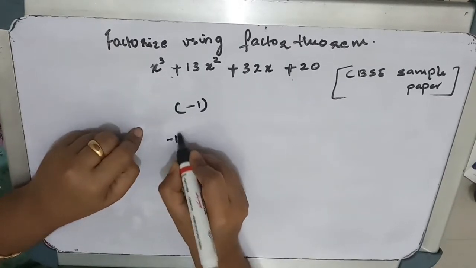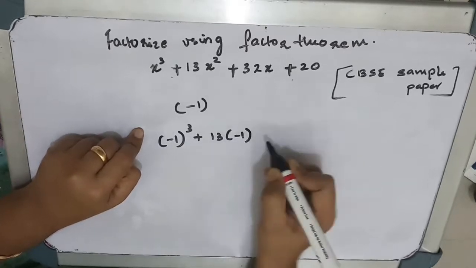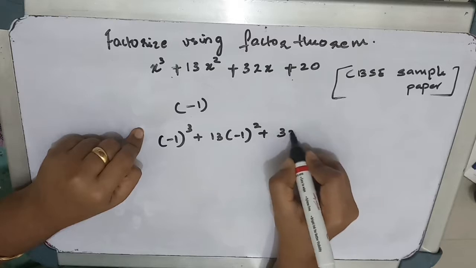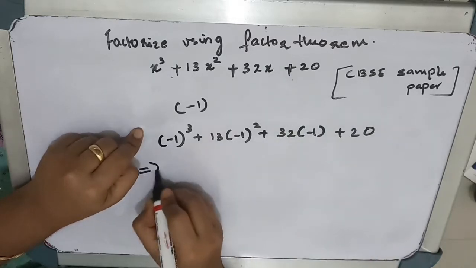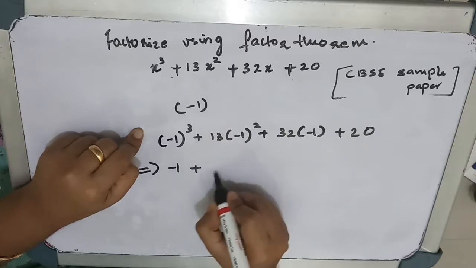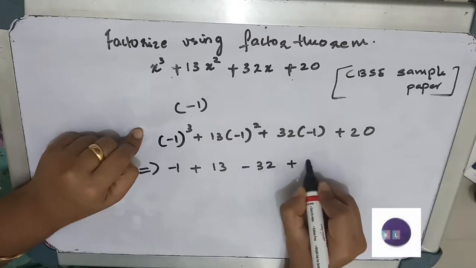So minus 1 the whole cube plus 13 into minus 1 square plus 32 into minus 1 plus 20. We will obtain it as minus 1 plus 13 minus 32 plus 20.